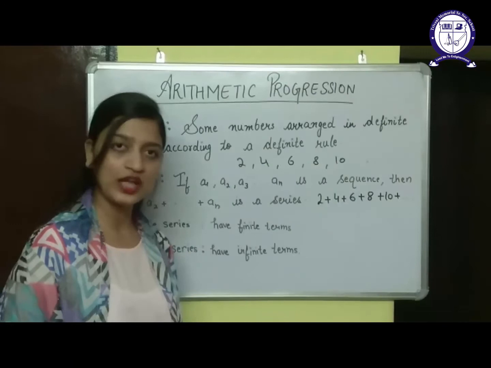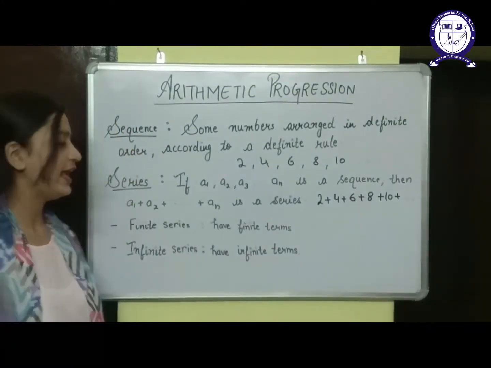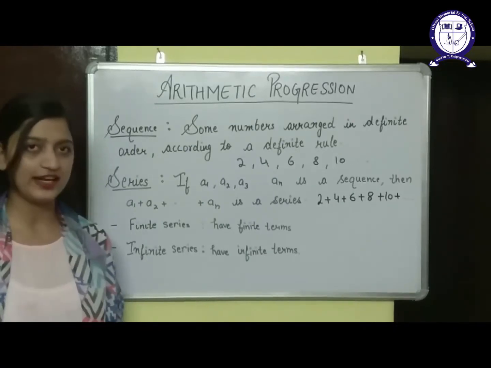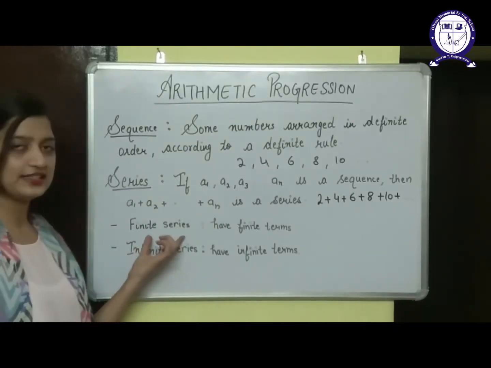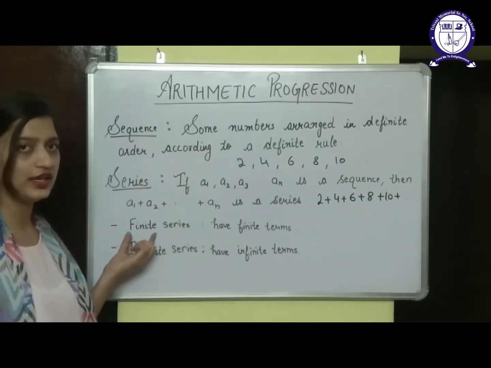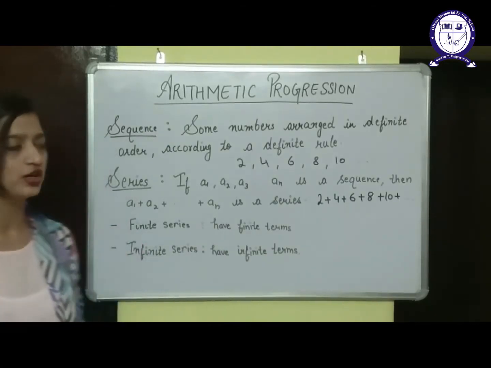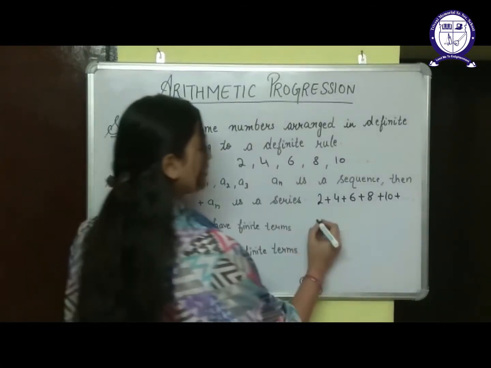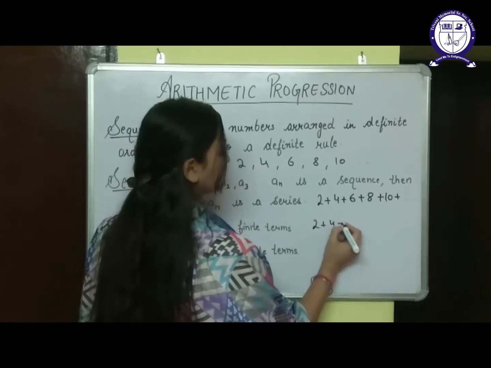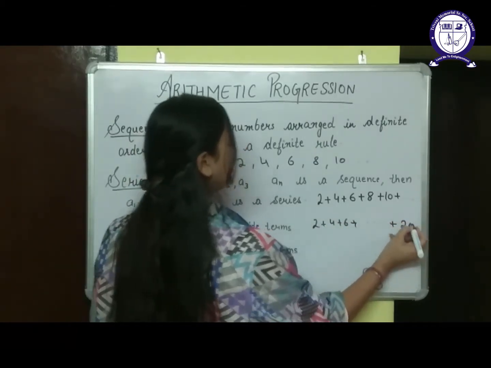Now we have two types of series. The first one is finite series and the second is infinite series. What is a finite series? By the name you can see that it has the word finite in it. So it's a series which has a finite number of terms. Suppose I end this series at 20.